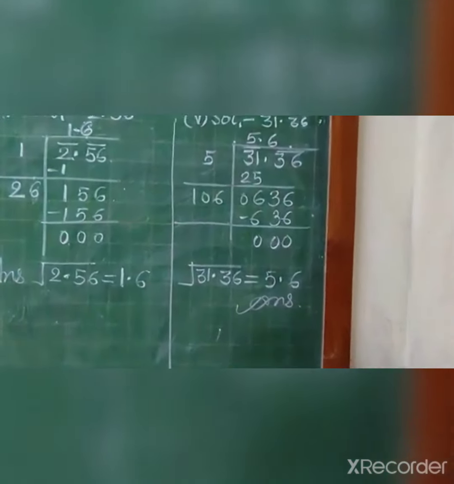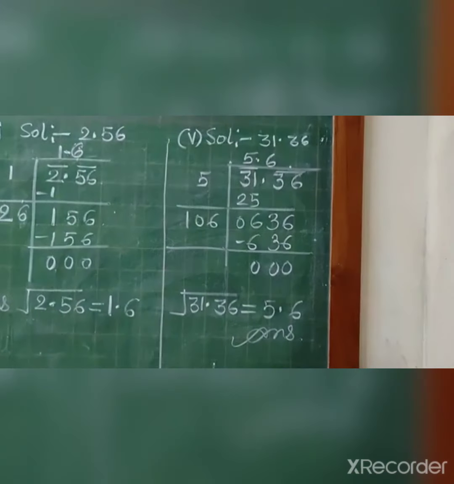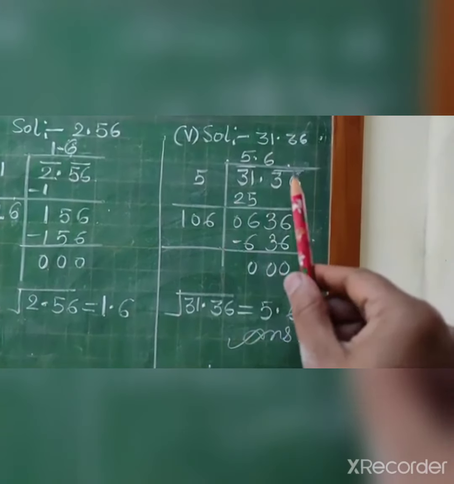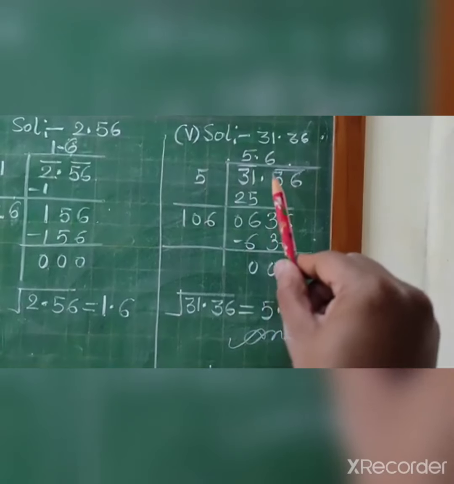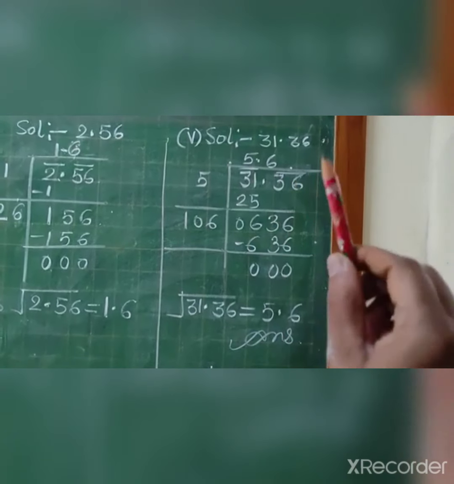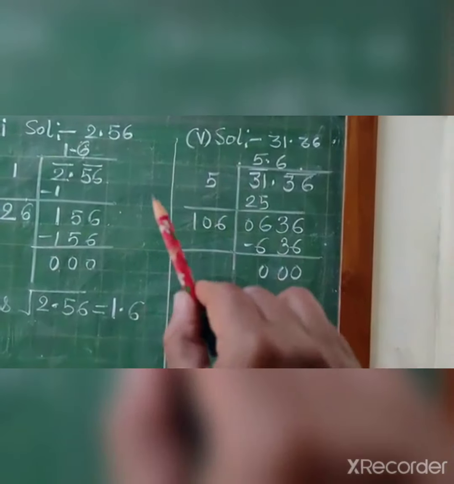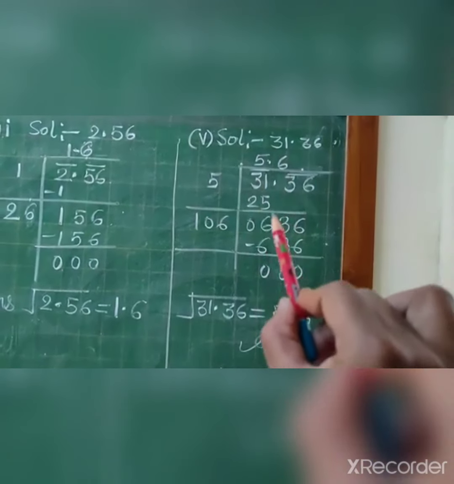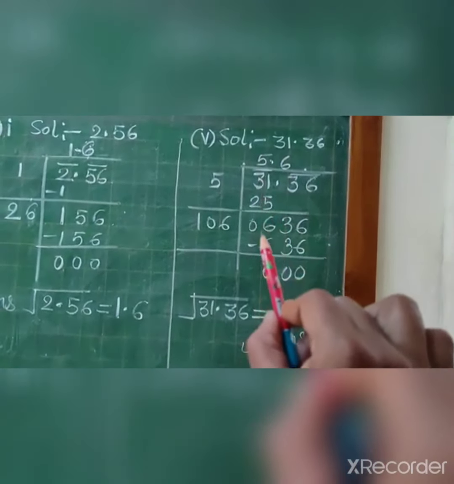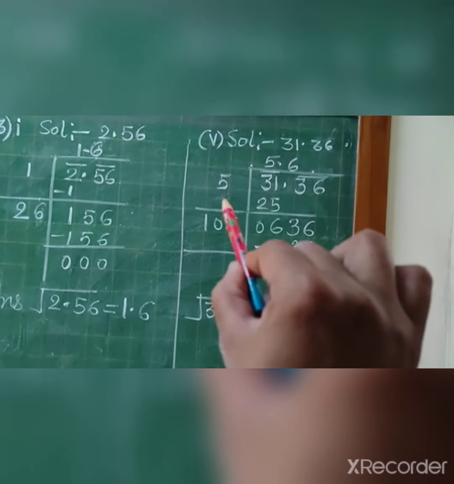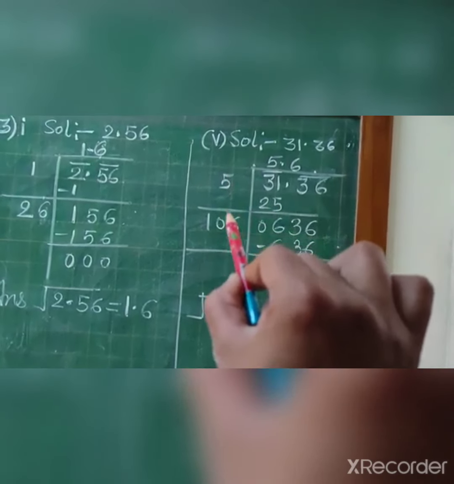Same way here. How will you make pairs? After the decimal, make pairs in this way. Before the decimal, ones and tens. 5 5s are 25, 31 minus 25 is 6, 2 minus 2 will be 0 and another 5 is there, keep it in your mind, and 5 5s are 10.